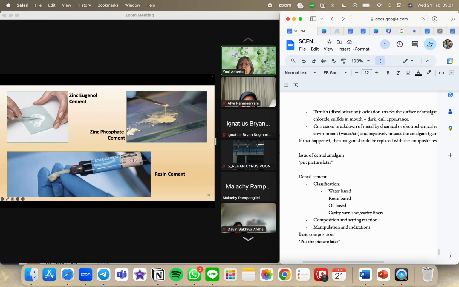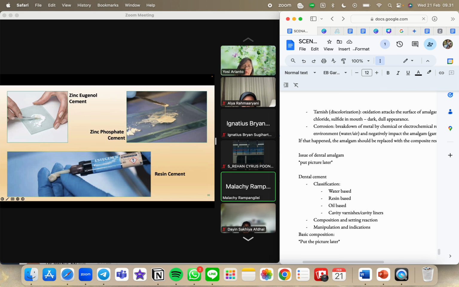Also the zinc phosphate, you can extend the mixing because the zinc phosphate cement is exothermic. So if you mix it broader, the heat will be allowed to vanish.